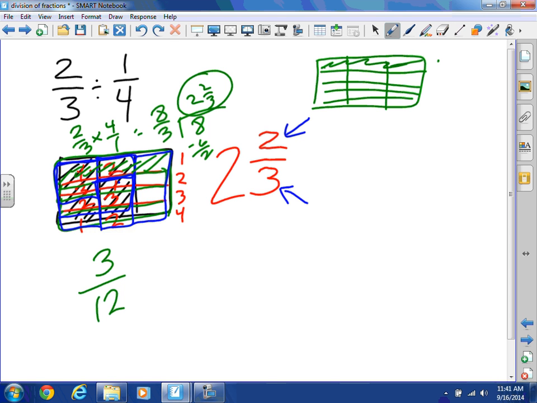What is 3/12 reduced to its simplest form? 1/4. I circled 1/4 of my whole. So the reason I'm circling 3 is because 3 out of the total 12 is my 1/4. Okay? Do you guys understand?